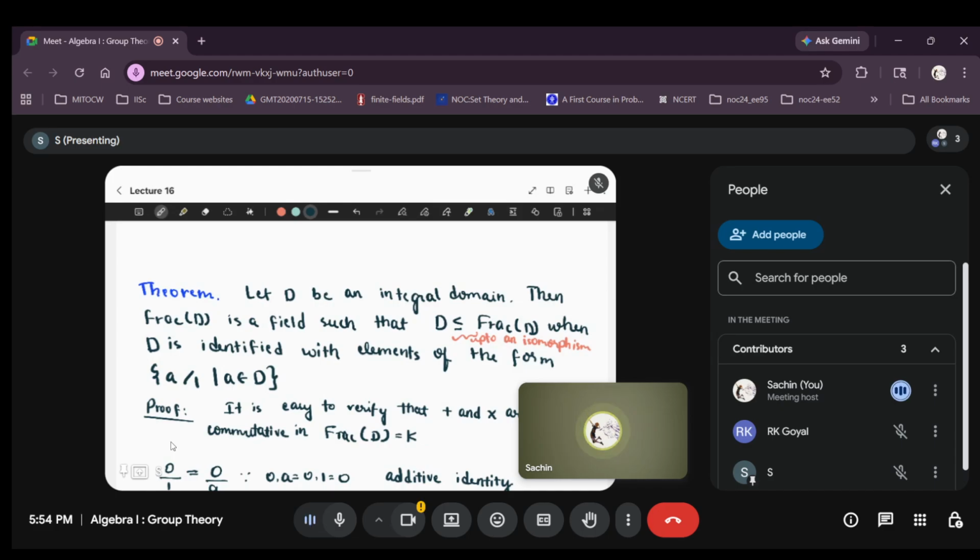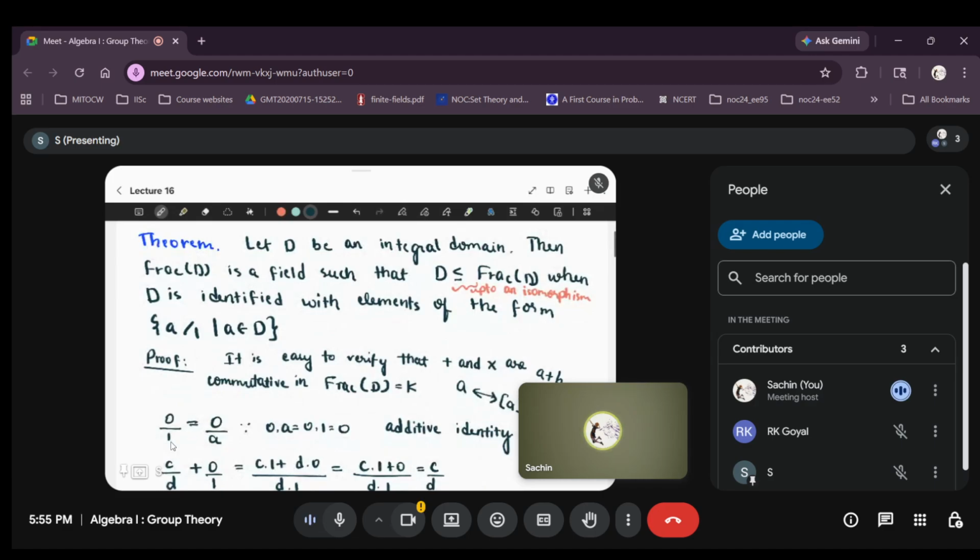So even though they're two different structures, you have an isomorphism, where an integer is mapped to the one by one matrix containing that integer. When you want to add two integers a plus b, you can simply add the two one by one matrices, and this would be equal to a plus b.